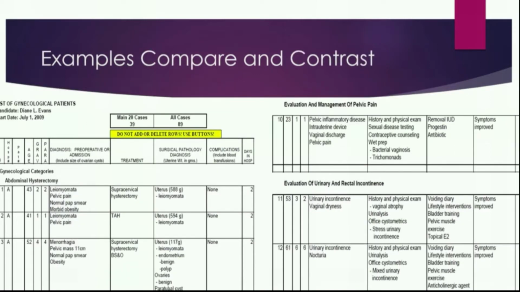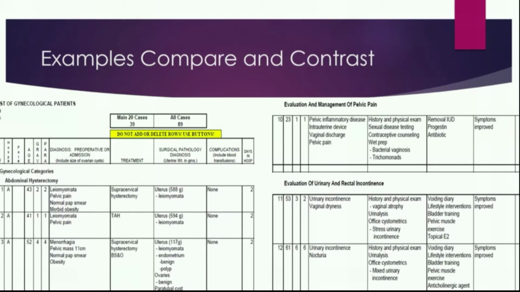Here's my favorite example, abdominal hysterectomies, and here's an office case list. In my abdominal hysterectomy section, I have a supracervical hysterectomy, a TAH, and then a supracervical hysterectomy BSO. One thing I like to compare and contrast is that in the first case, both of these uteruses are large.